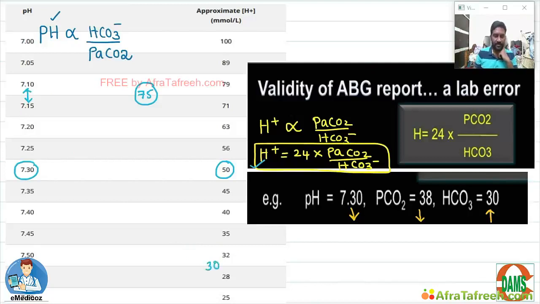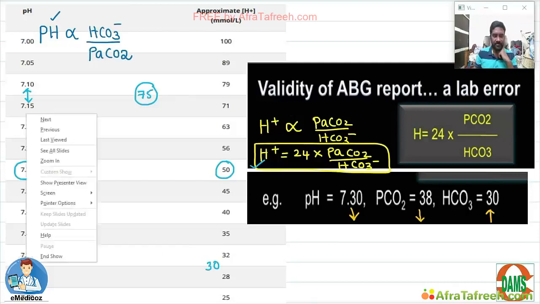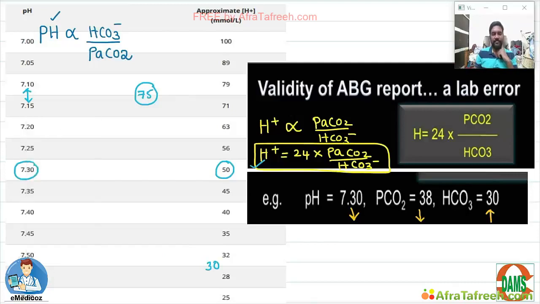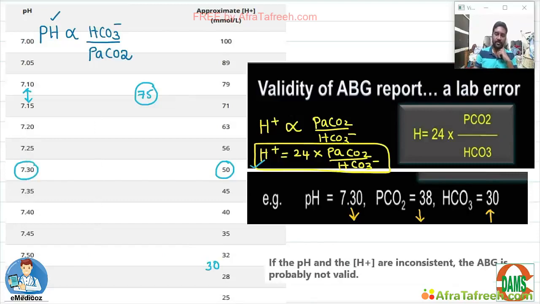So his pH should be somewhere between 7.50 to 7.55. So this is how I should use this table. After doing this, if pH and H plus are inconsistent, the ABG is probably not valid.